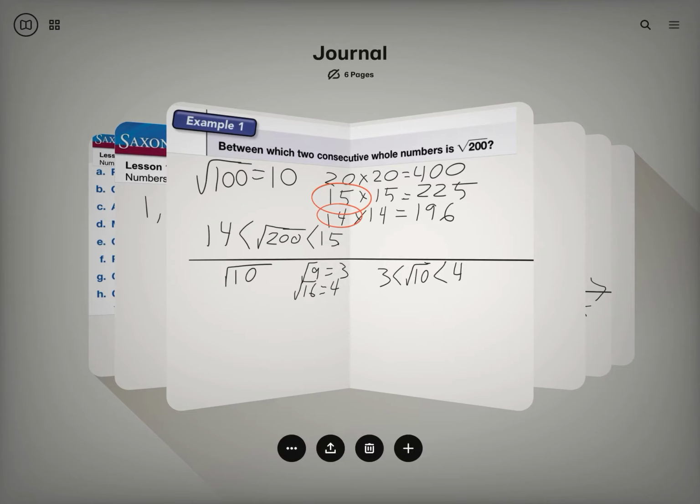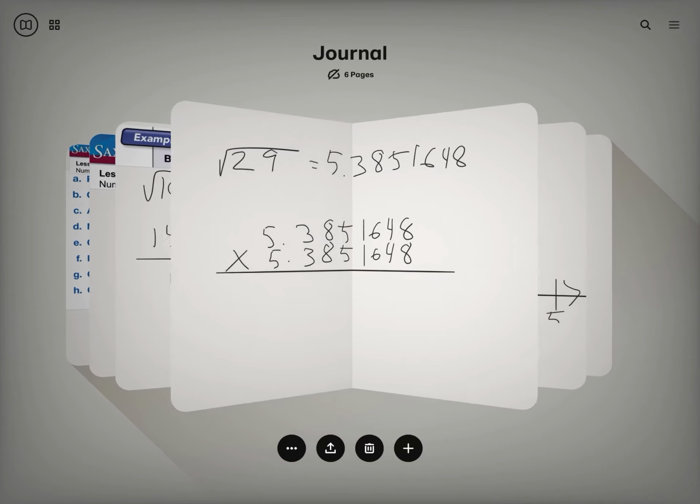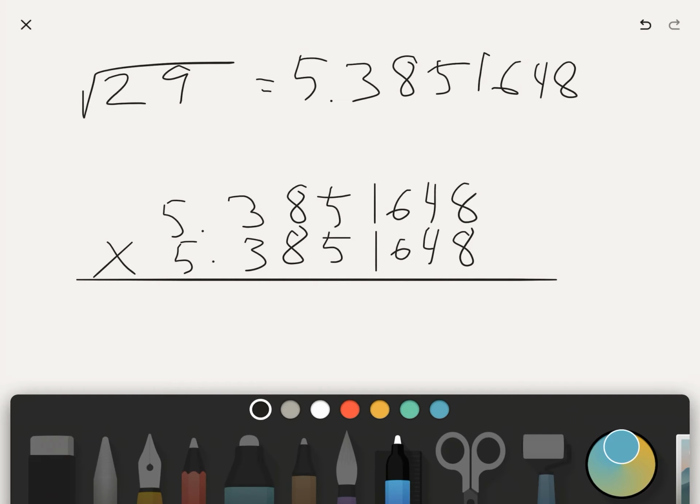Now let's go back and look at our 29 example. Because if we actually do this out on a calculator, we get the square root of 29, and I'm going to just do a 5 point blah, blah, blah, so that I'm not trying to parse exactly what this number is. So square root of 29 equals 5.385164, which is pretty unwieldy.